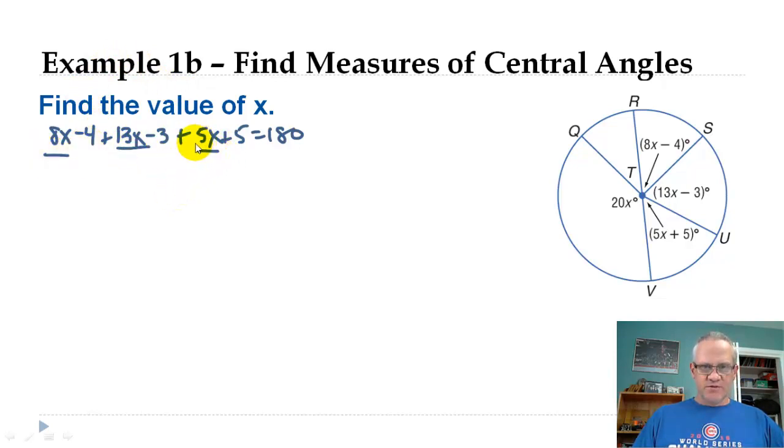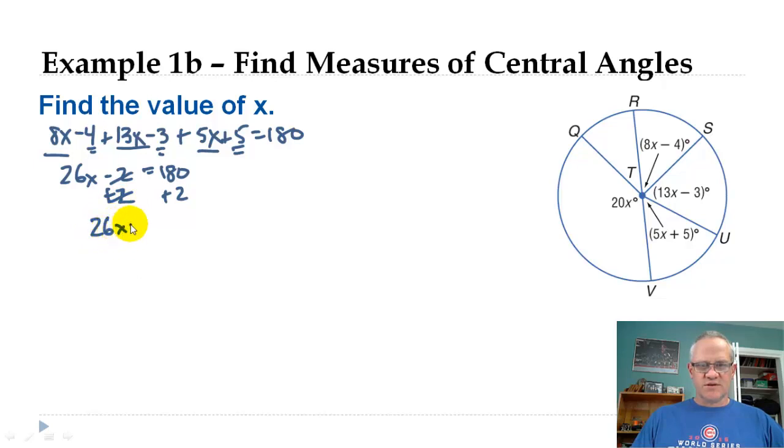And so altogether that's 26x it looks like. And then we've got 5 minus 3 is 2. 2 minus 4 is a negative 2. And then we'll go plus 2. So 26x equals 182, and then divide by 26.